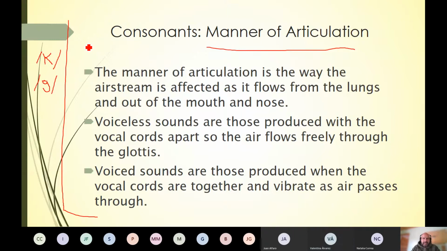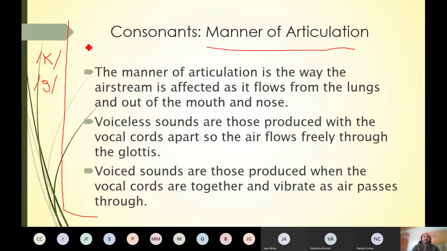So if we talked about the where, the place of articulation, now we talk about the how, the airstream is affected. Remember, the airflow comes from the lungs, it's pulmonic, right? And it goes out of the oral cavity. It's egressive, right? Pulmonic egressive airflow.